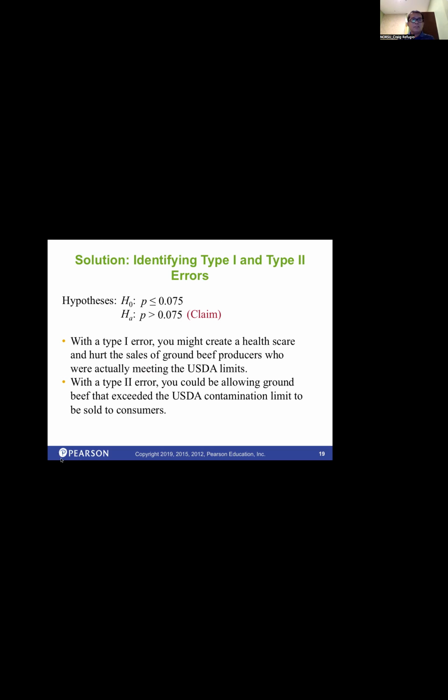So of the two conditions, which one is more serious? Type 2 error is more serious because it results in sickness or even death. Meat with salmonella contamination greater than 7.5% is not rejected. You fail to reject H0, so it is sold in the market even if the contamination is greater than 7.5%.